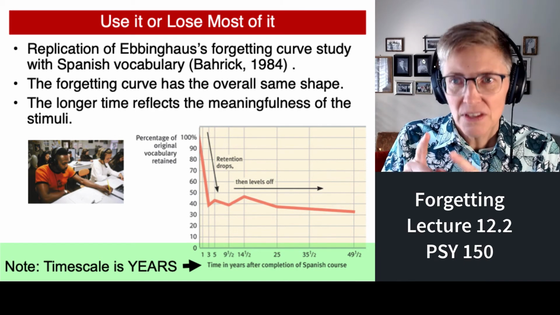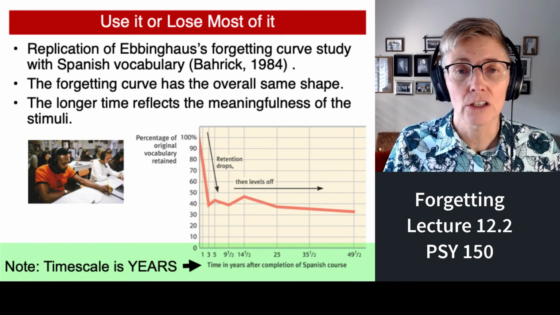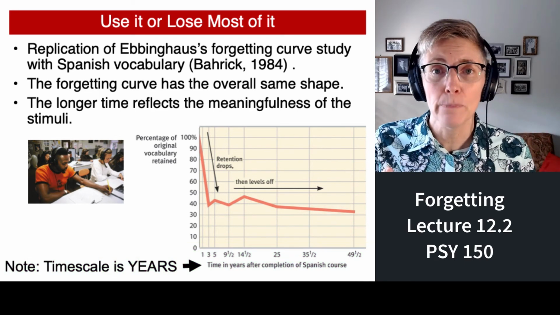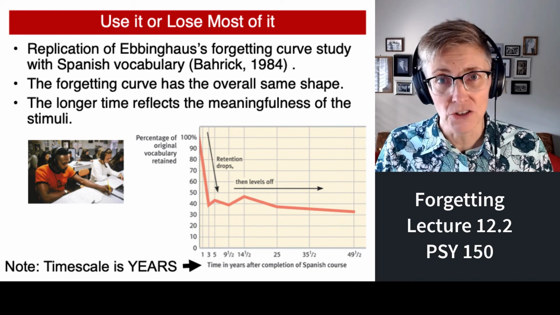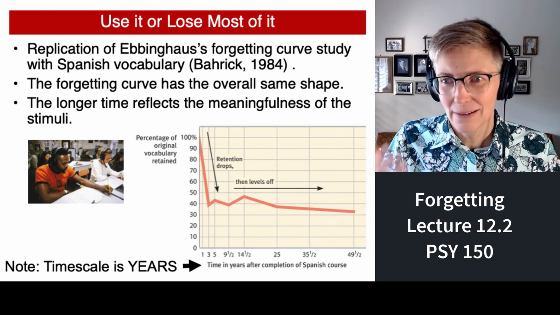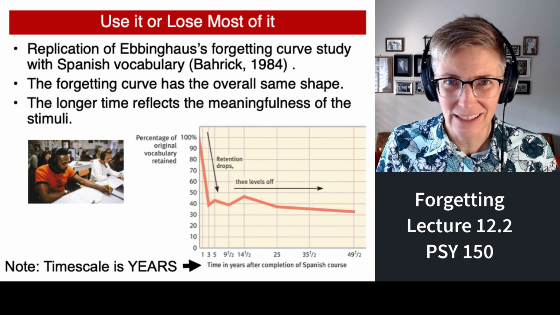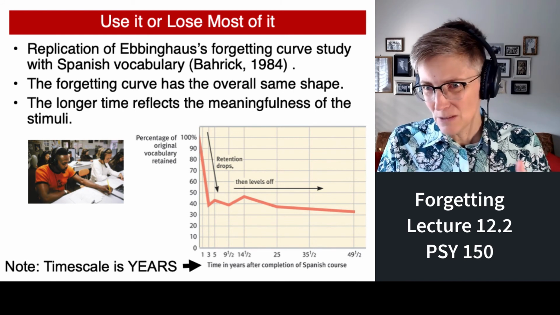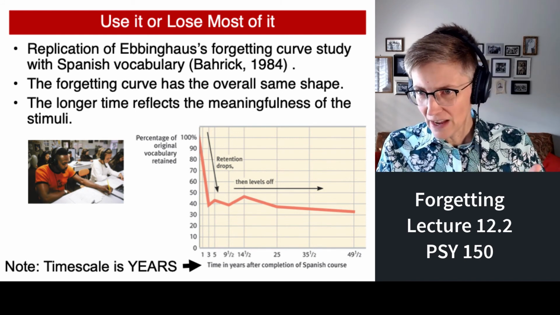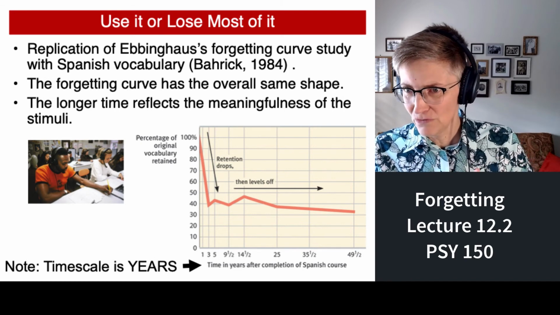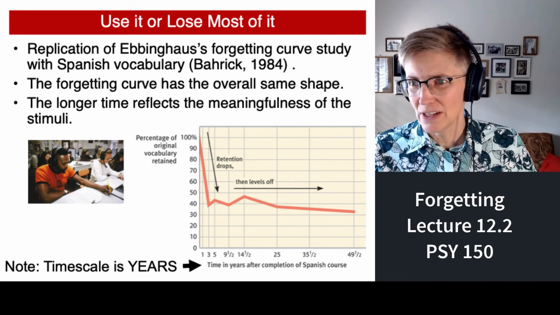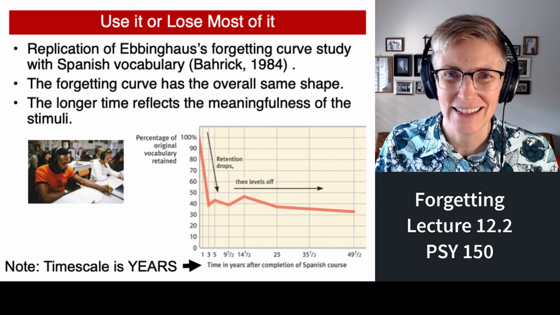Well, this forgetting curve is for people who had studied Spanish. And then these researchers came back, talk about Herculean researchers, right? They tested people 3 years, 5 years, 9 years, 15 years, 25 years, and almost 50 years after they had taken a Spanish class.